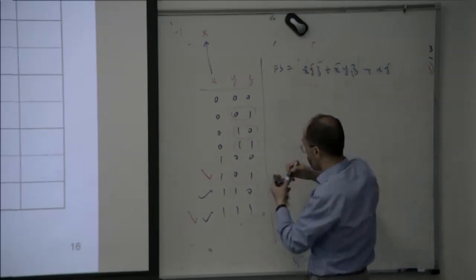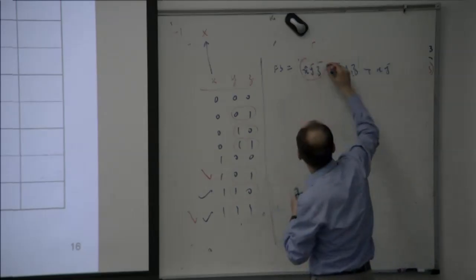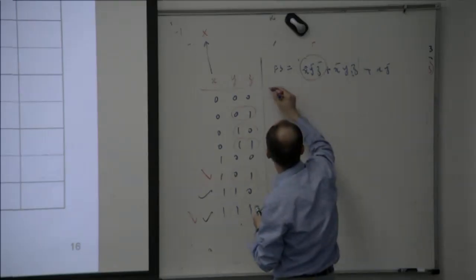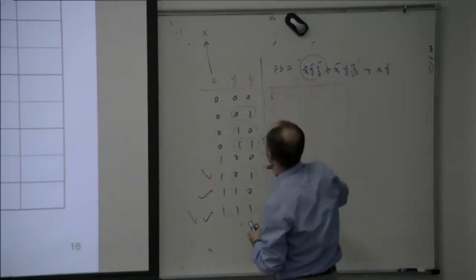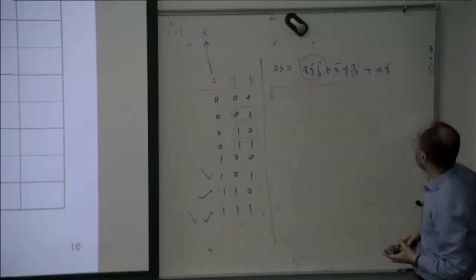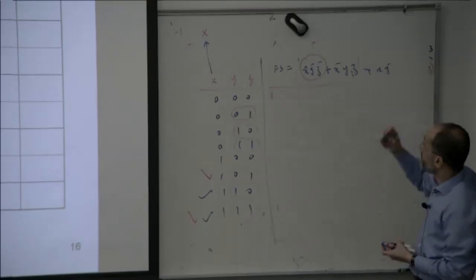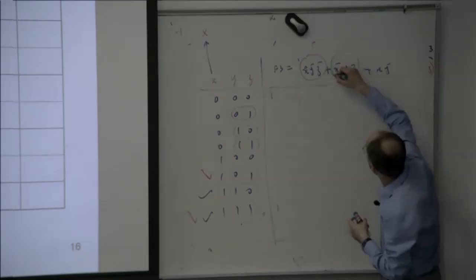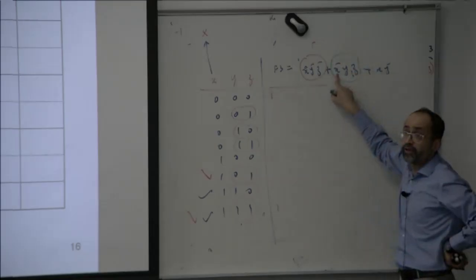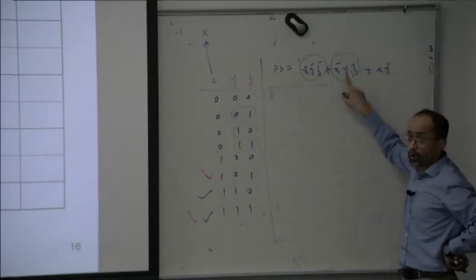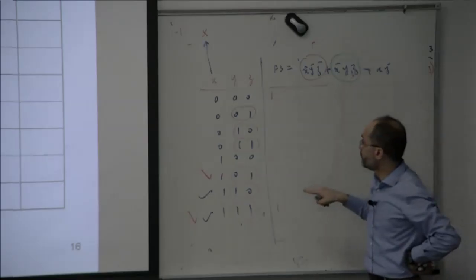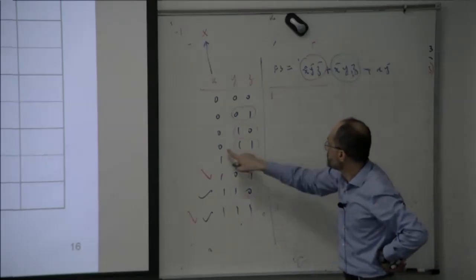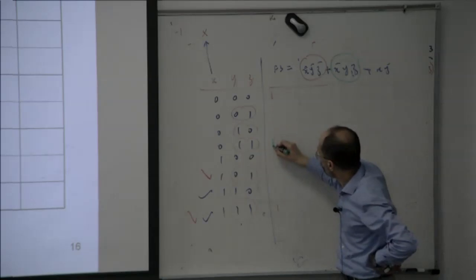So this is term number 1, 0 0 0. I'm using red for it, so this is red, 1. Now we have the second term, I'm making it green. Which combination? 0 1 1. Where is 0 1 1? This one is the green one.